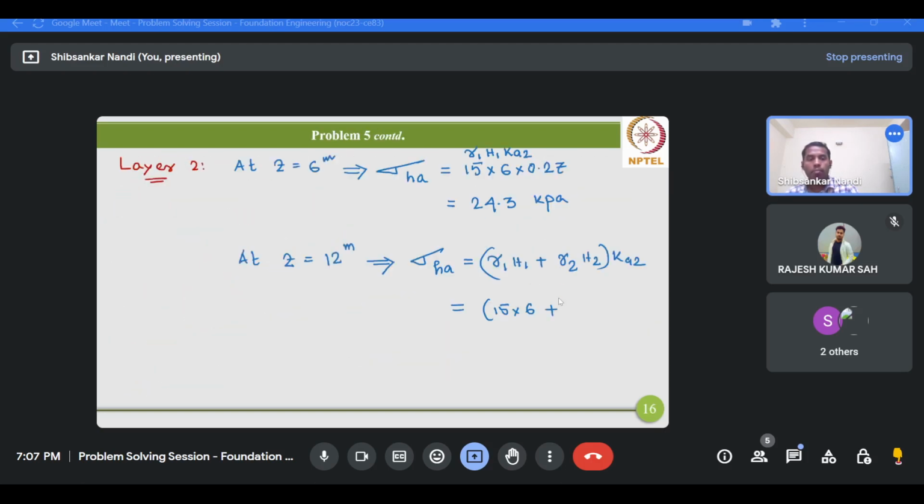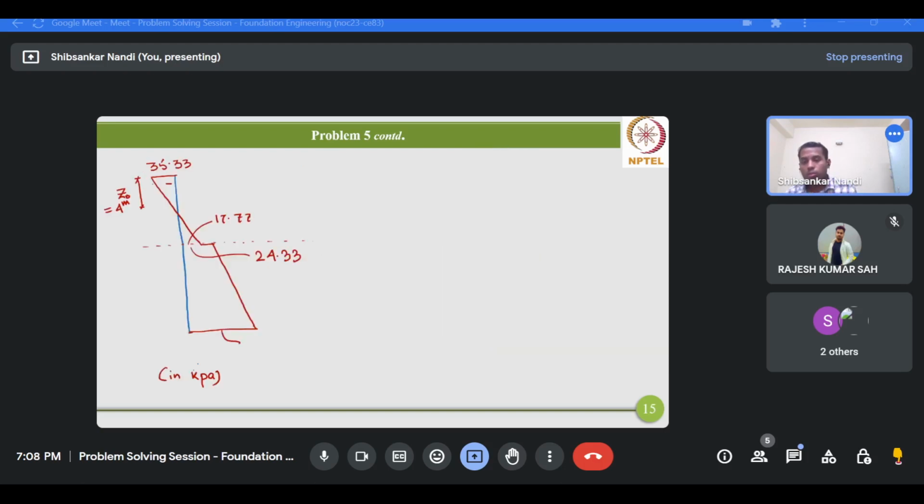That is 18. 18 into 6 multiplied by 0.27. So 90 plus 18 into 6 multiplied by 0.27. This will give you 53. So this value is 53 point, this is positive.